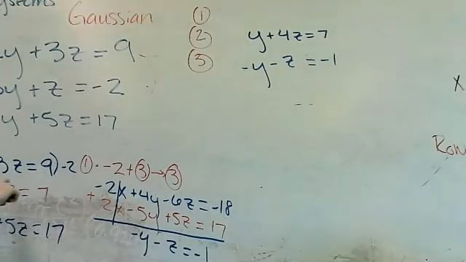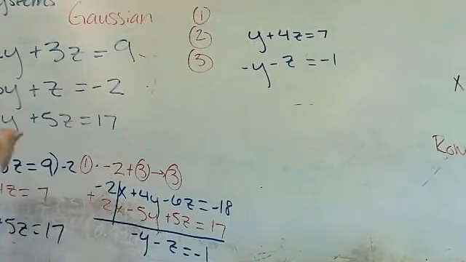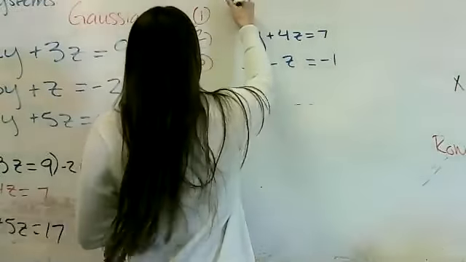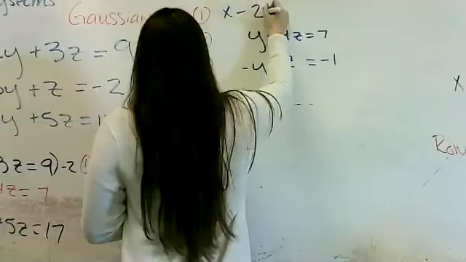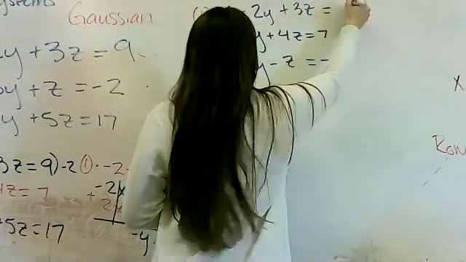I used a different form of it to cancel out with 3. But every single time you multiply by something, it's still equivalent to its original equation. So I used it to manipulate something, but I always revert back to my original unless I specified otherwise. So my equation 1 is still x minus 2y plus 3z equals 9.